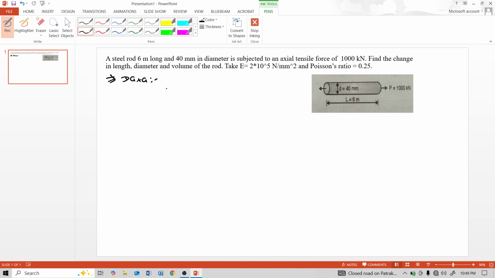Data: length is equal to 6 meter, 6000 mm. Axial tensile force P is equal to 1000 kilonewton, which is 1000 into 10 raised to 3 Newton.